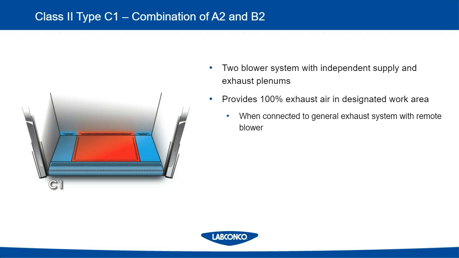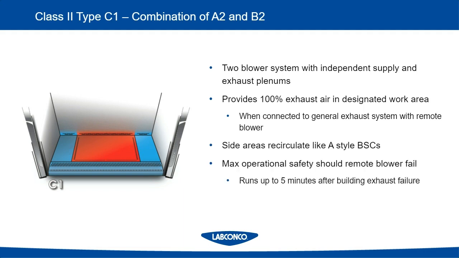This cabinet can also be connected to a general lab exhaust system, and it does not require the use of a specific dedicated remote blower. The side areas and the areas that you see here in blue are recirculated similar to an A-style biosafety cabinet.